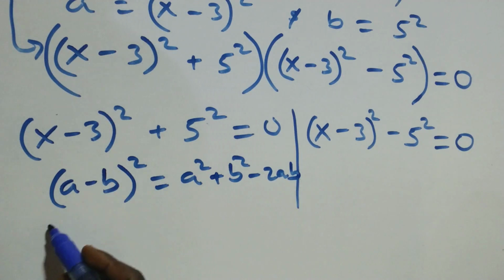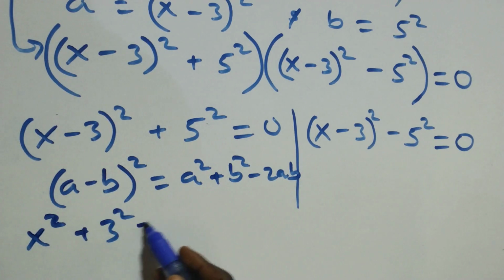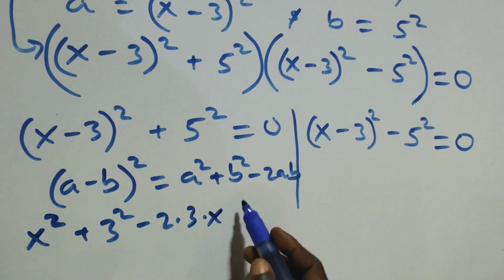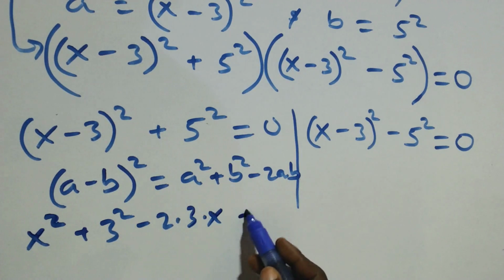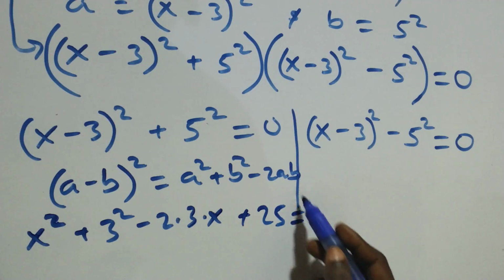Here we can say we have x square plus 3 square minus 2 times 3 times x. Then we have plus 5 square here, that's 25, which is equals to 0 here.